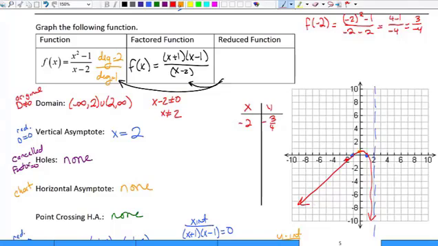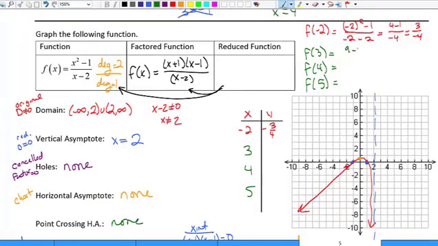Okay, so now I'm going to have to figure out what's going on to the right of 2. I'm going to plug in a couple points because I can't keep approaching some horizontal asymptote, since there isn't one. I'm going to need a lot more points to figure out what's going to happen here. So I'm going to try f of 3, f of 4, f of 5 to really get a good picture of what's happening.